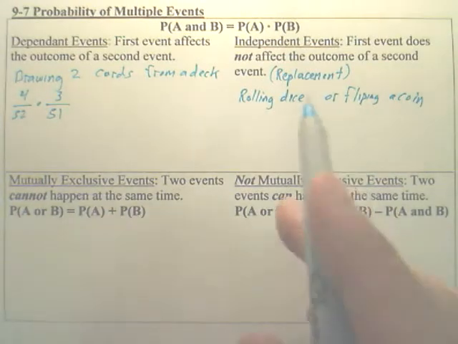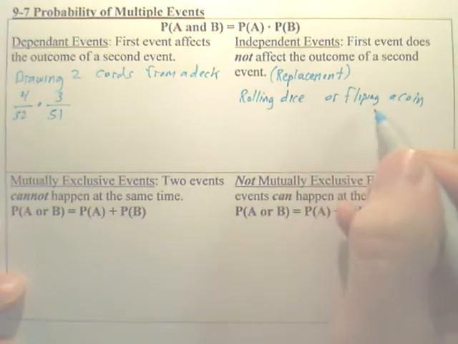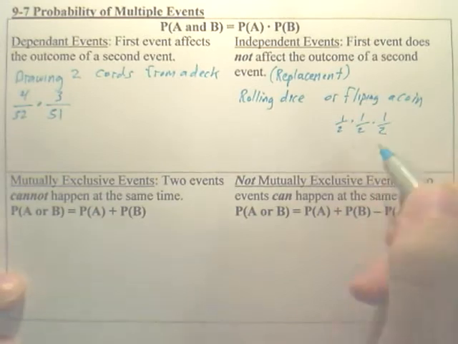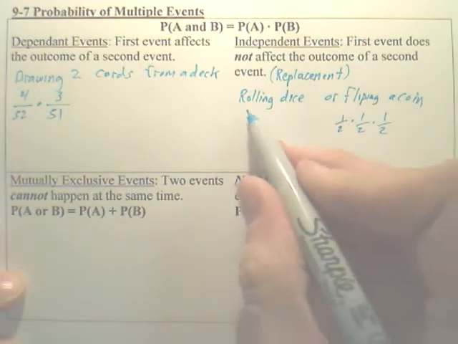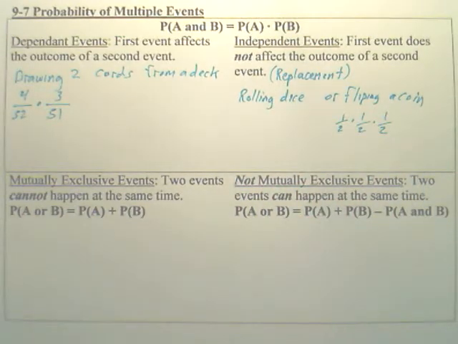Because what happens here is it doesn't affect. For instance, if I flip a coin, wouldn't it be 1/2 each time? Do they not affect each other? If you roll a dice, doesn't each time not affect it? You just keep multiplying them together?